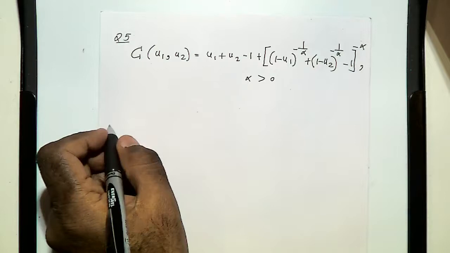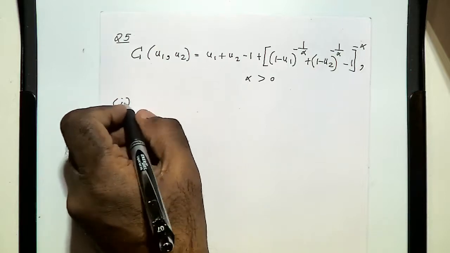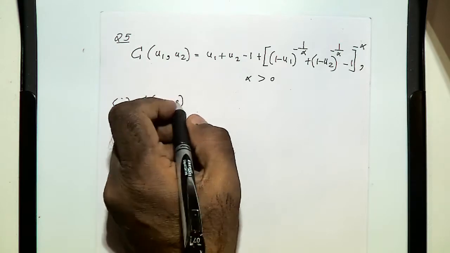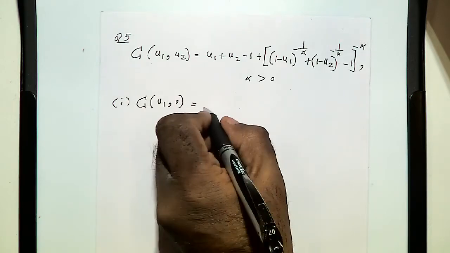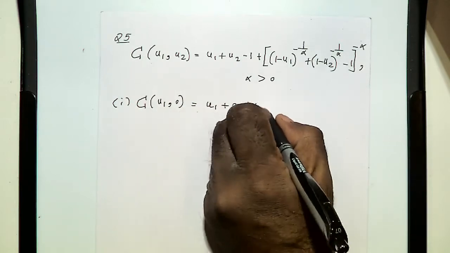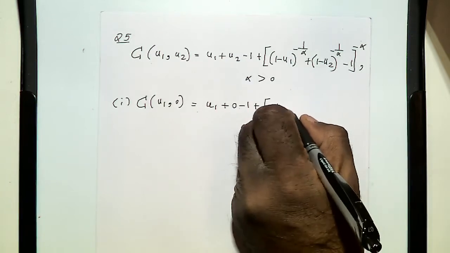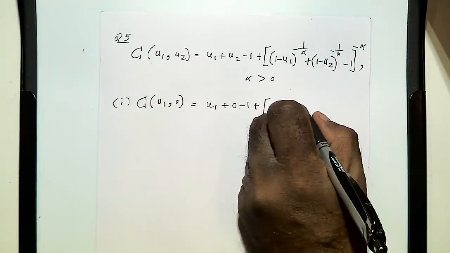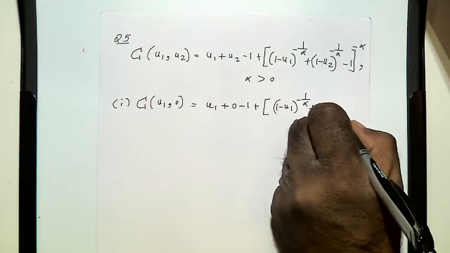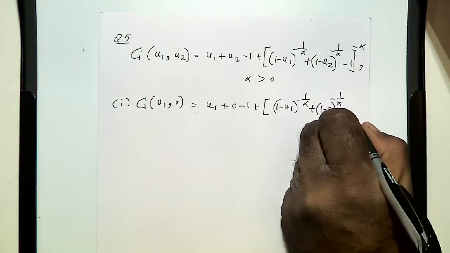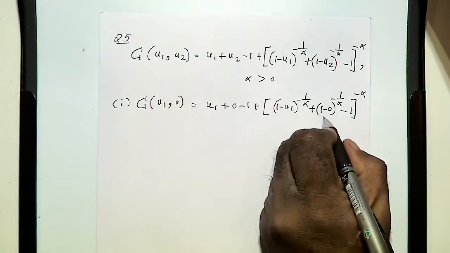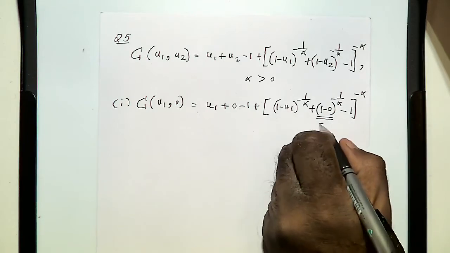All right, the first thing you need to show is this. If you put U2 equal to 0, you have U1 plus, and this guy here is equal to 1, yeah?